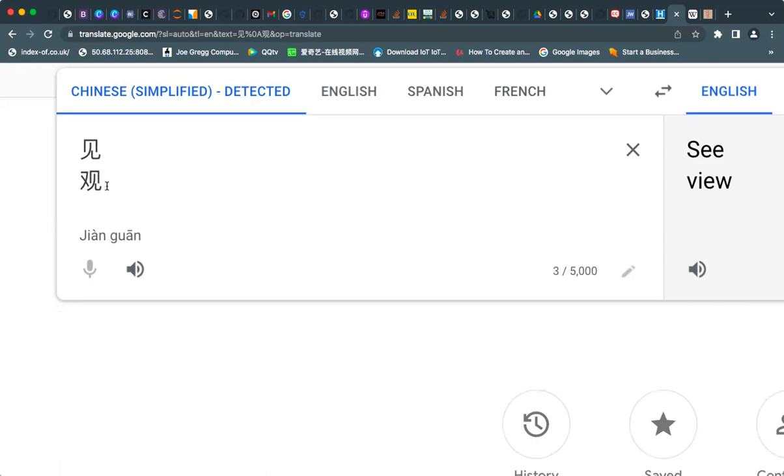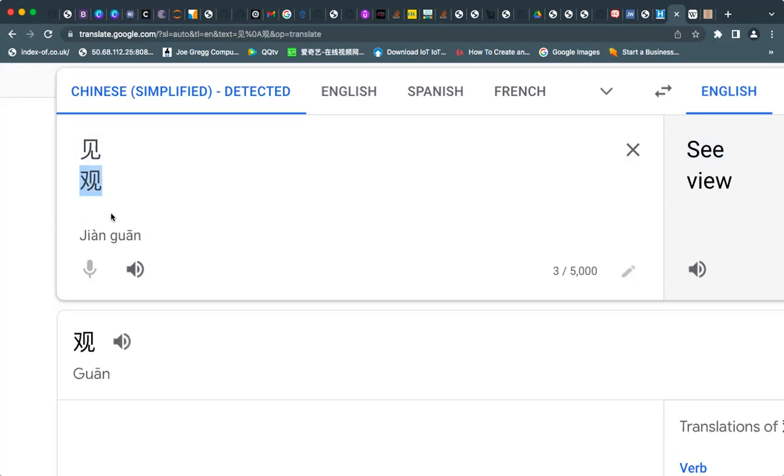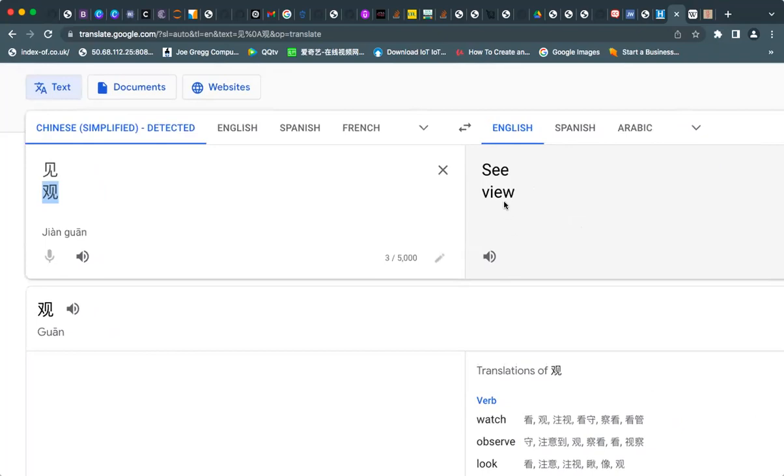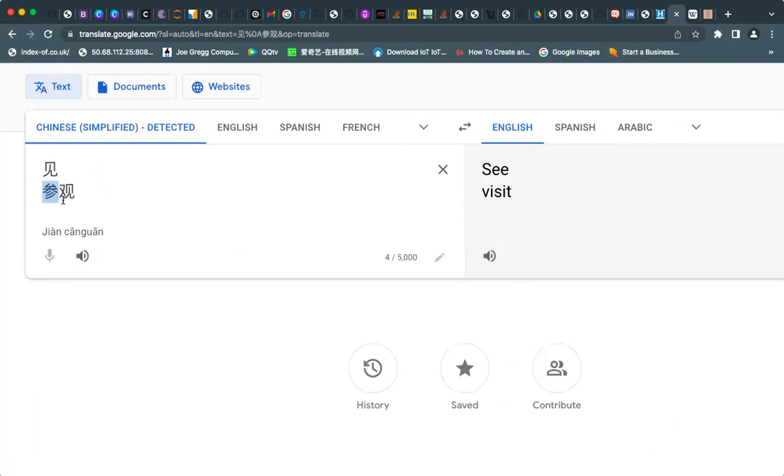Even though you don't know how to read this character, because you know Jian means to see, you are confident that this character has something to do with seeing or viewing. That's how you work with radicals. As long as you figure out what the radical stands for, wherever it is being used, you will know it will be there.